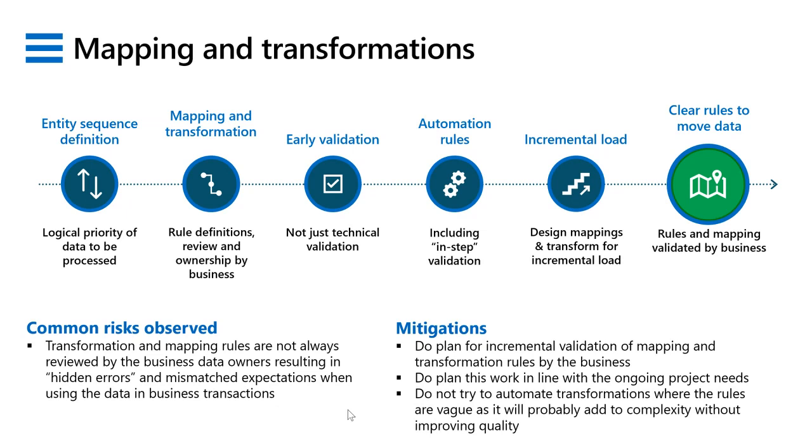Leaving it in between where the rules are vague and you're still trying to automate it with the hope that somewhere along the line it's going to become clearer is a road to nowhere, right? Be firm, be clear that this needs to be explicit, otherwise it's going to create more problems.